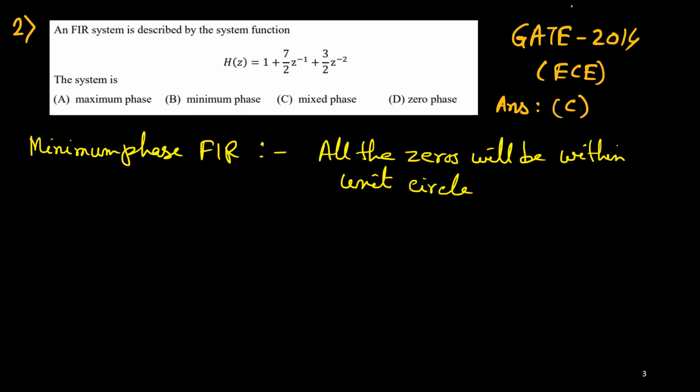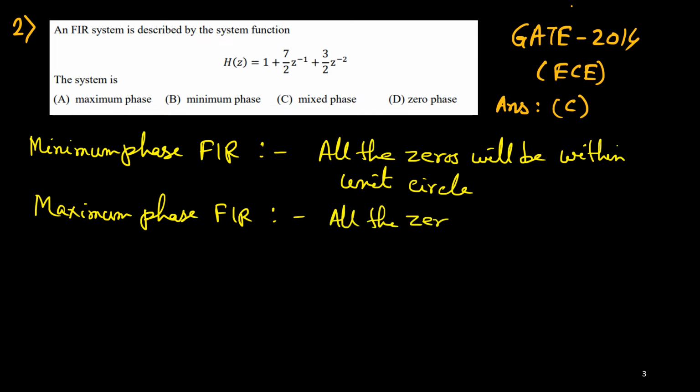Okay, and for maximum phase, all the zeros will be outside the unit circle, right?